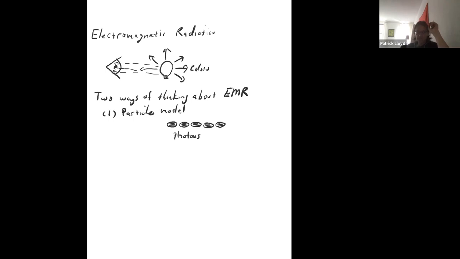Makes sense. The second way of thinking about light or electromagnetic radiation is what we call the wave model. And here, really what we're saying is that if you look at light, it's really comprised of all these waves, which are moving, right?